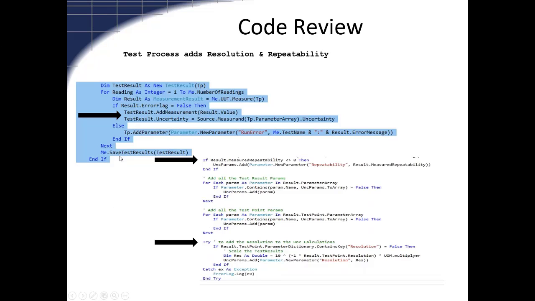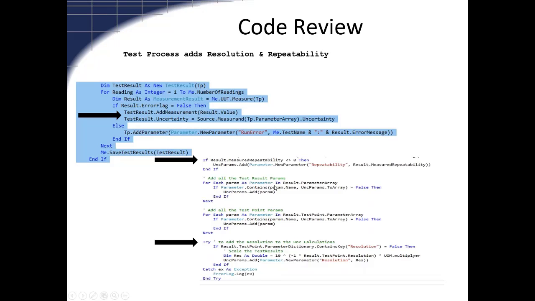When we come in and run this save results, this is the code behind for the save results. You can see how it's looking at the results and getting the measurement repeatability. If we've got more than one, then we're going to add in this parameter that's the repeatability, and the results object is going to calculate our repeatability and pass those values on to our measurement uncertainty calculator.